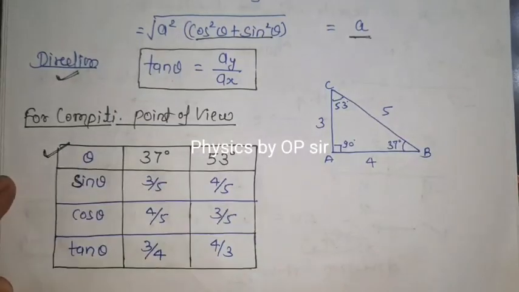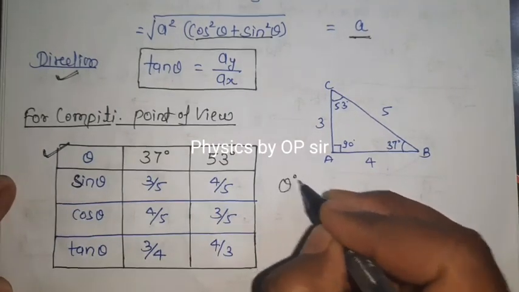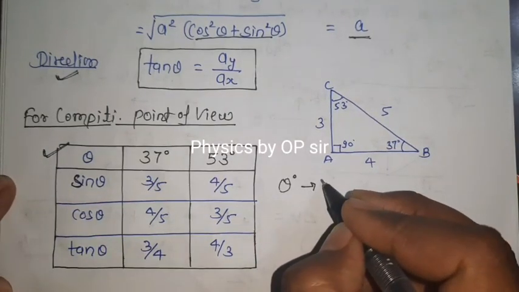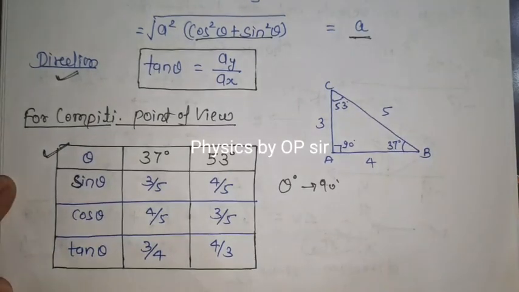Now from the competition point of view, we have to remember some angles and their values. In trigonometry up to 10th class we have discussed the values of sin theta, cos theta, tan theta for 0 degree, 90 degree, 120 degree, 150 degree, etc. But we have not discussed the values of sin 37 degrees and sin 53 degrees.